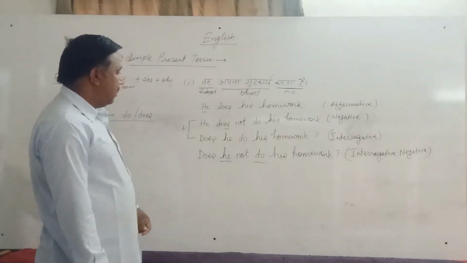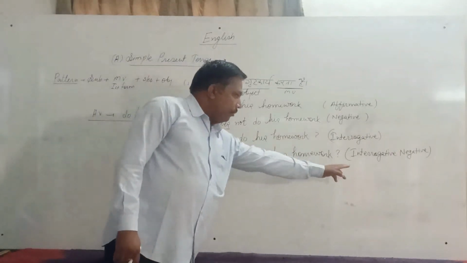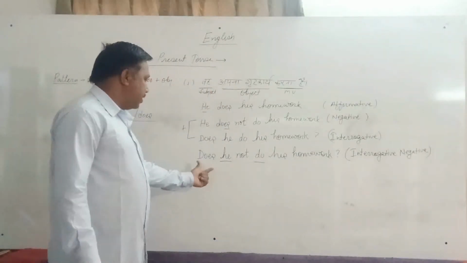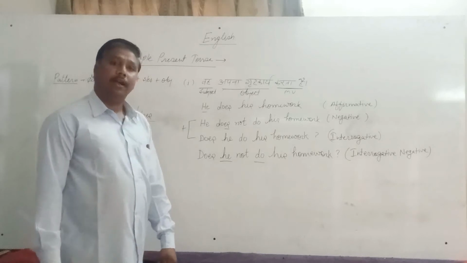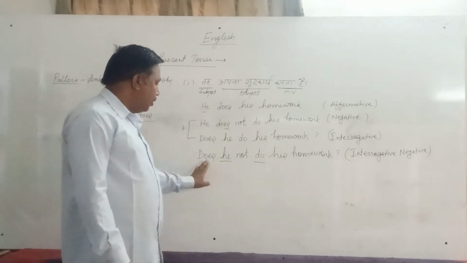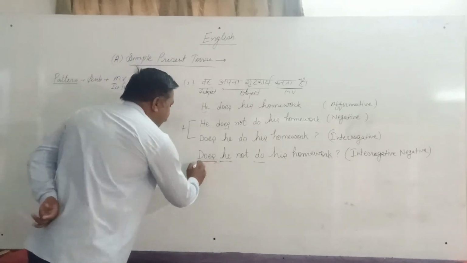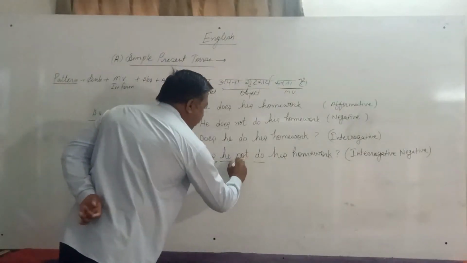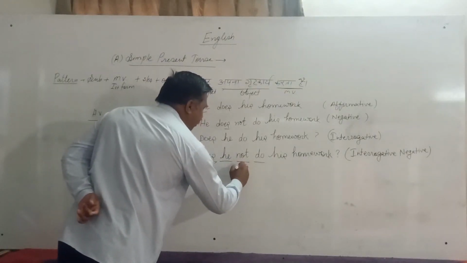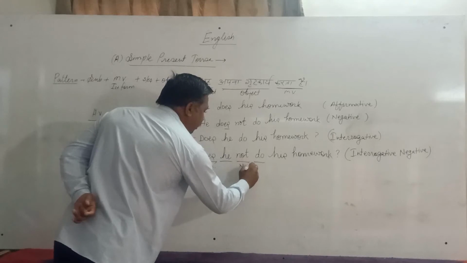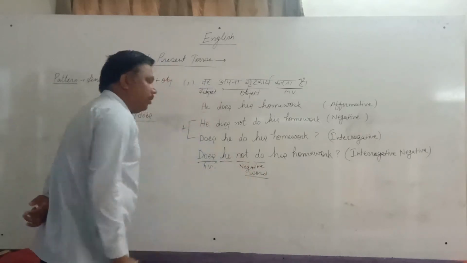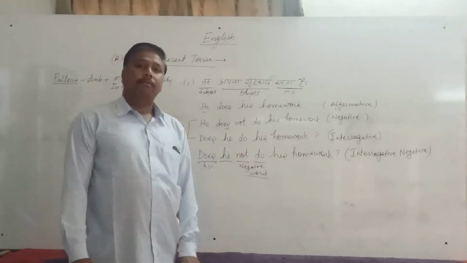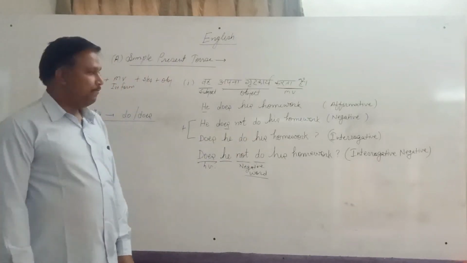And according to an interrogative sentence, we always use a helping verb before the subject to create an interrogative sentence. So does is the helping verb here, and not is the negative word. So it is an interrogative negative sentence.